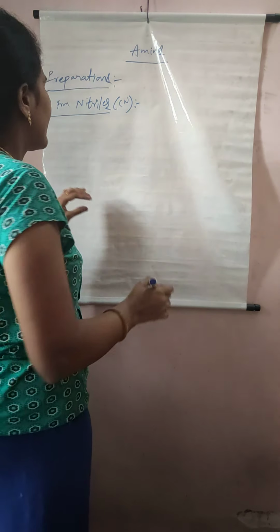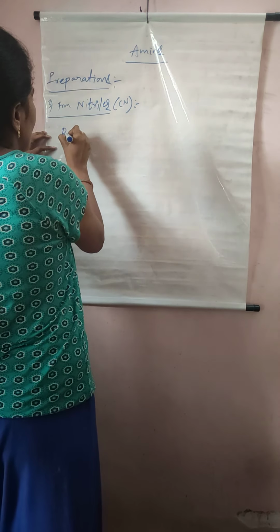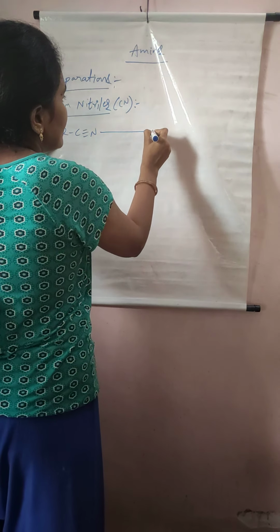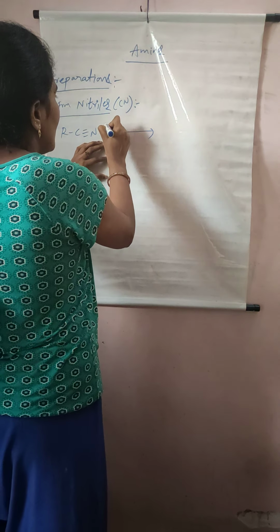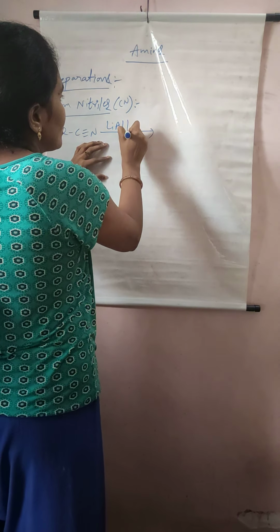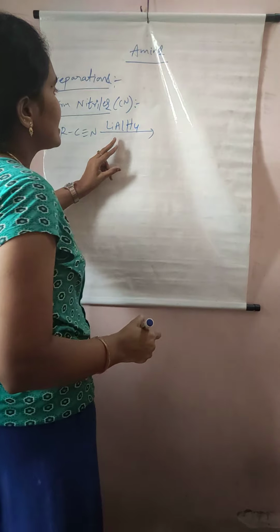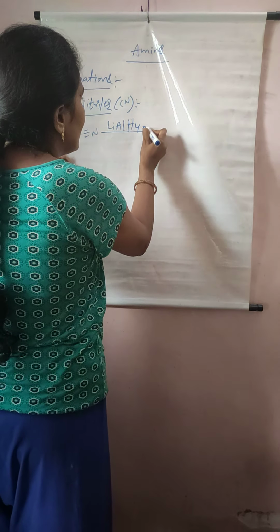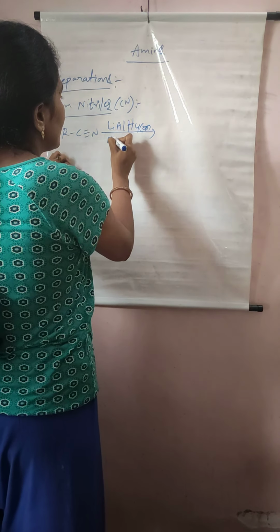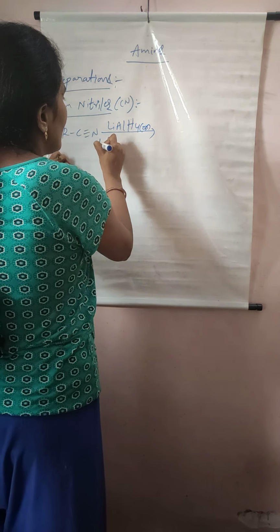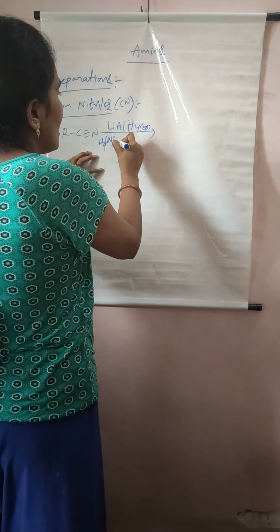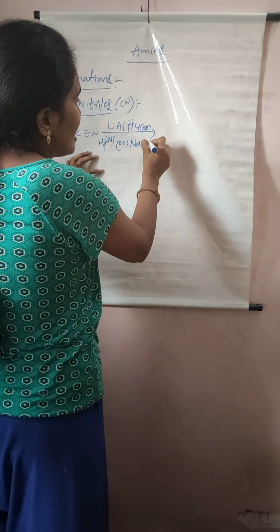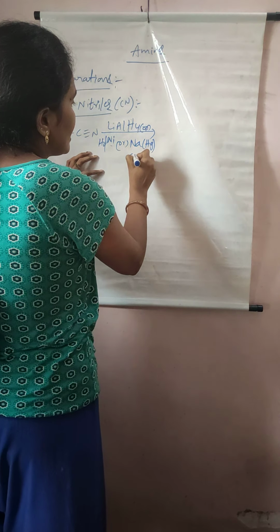Nitriles means the cyanide group. You take any nitrile, RCN, and treat it with LiAlH4, which is lithium aluminum hydride, or you can use H2 with nickel, or sodium amalgam and ethanol.